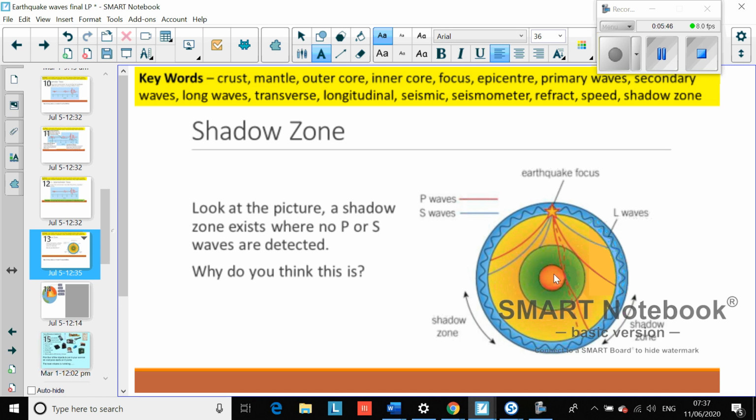So, what that means is we can use earthquakes a bit like an ultrasound scans a baby in a woman's uterus. Essentially these sound waves, because they're waves, they reflect, they refract, and because they're picked up at various points all over the world, we can use it to map the inside of the earth.